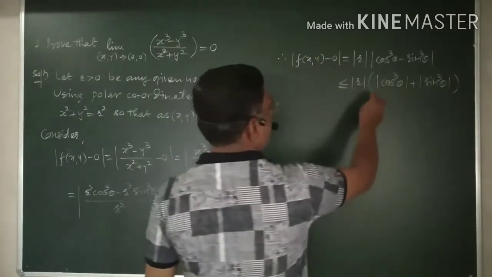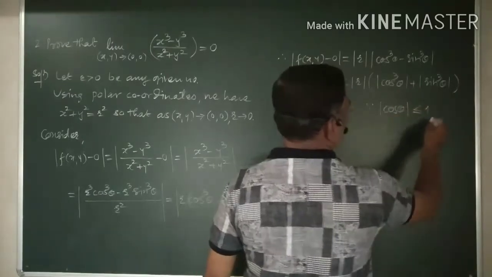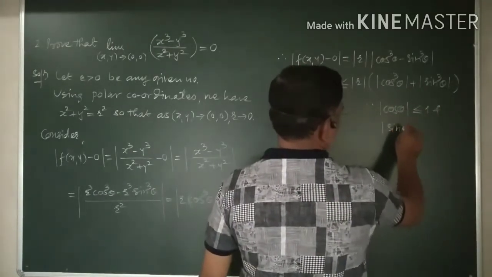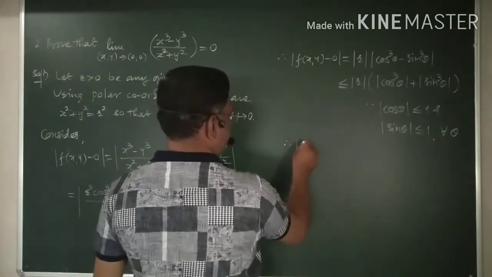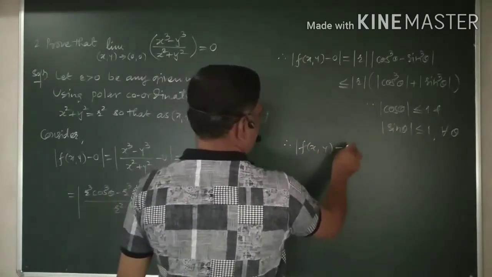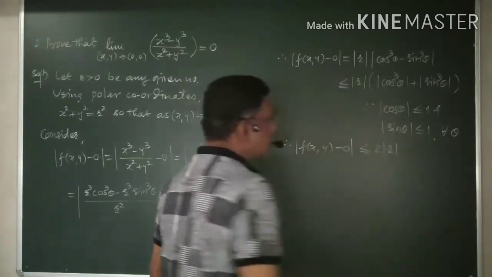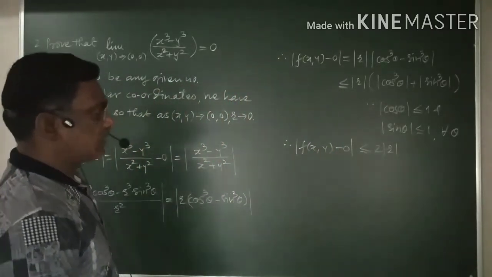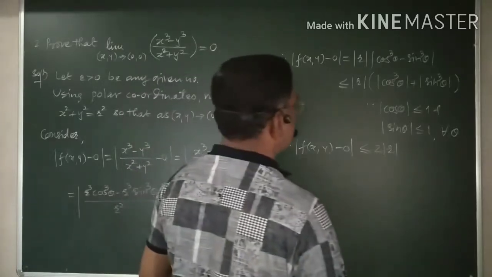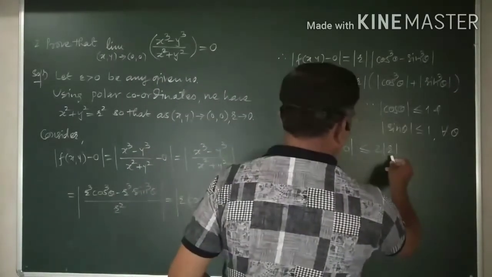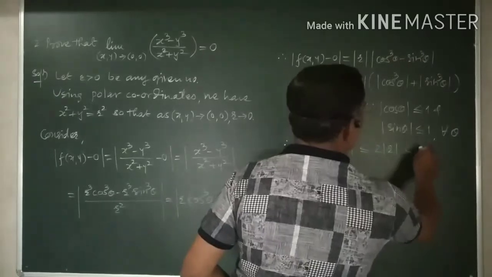Since the absolute value of cosine theta is less than or equal to 1, and the absolute value of sine theta is less than or equal to 1 for every theta, the absolute value of f(x, y) minus 0 is less than or equal to 2 times the absolute value of r, after using all the inequalities. We make this less than epsilon.